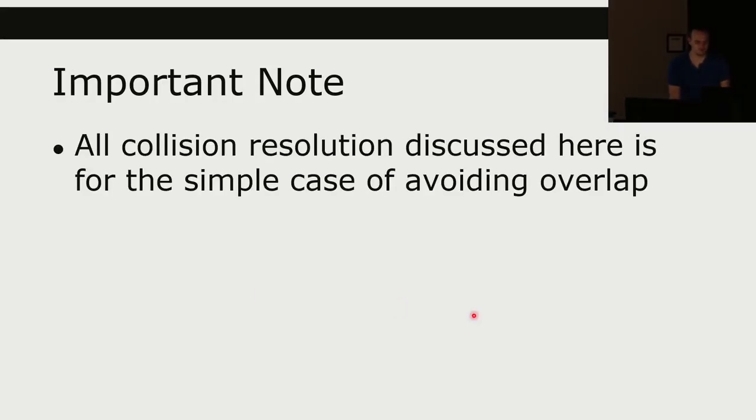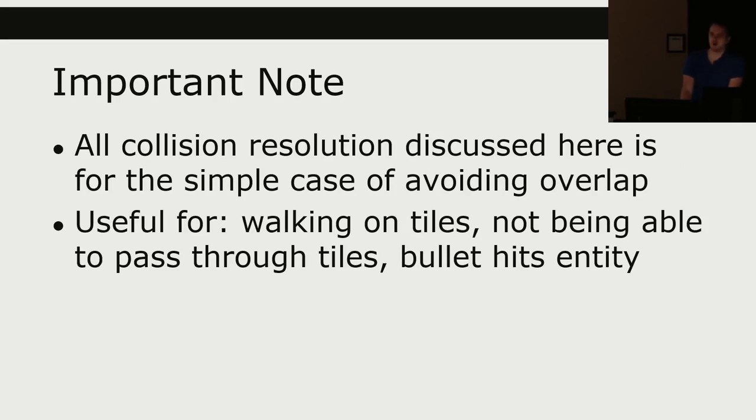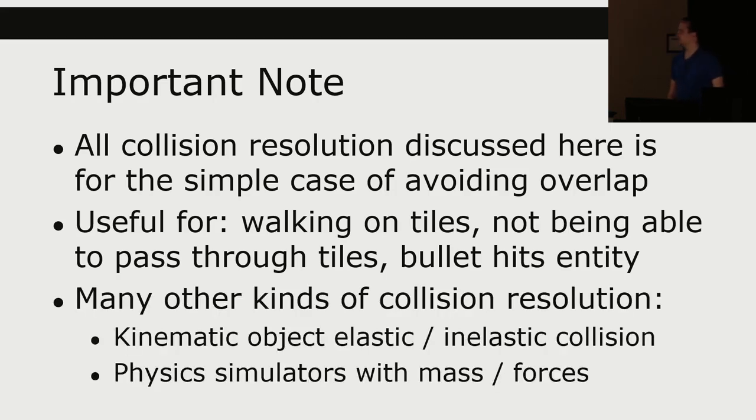So just an important note is that all the collision resolution that we talked about is for the simple case of avoiding overlap. So it's useful for walking on tiles, if you have a ground tile or a question mark block or whatever. If a bullet hits an entity, you can destroy it if you know that they're overlapping. But there are many other kinds of collisions in arbitrary games that you might have.